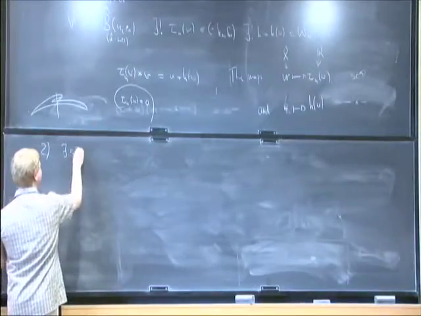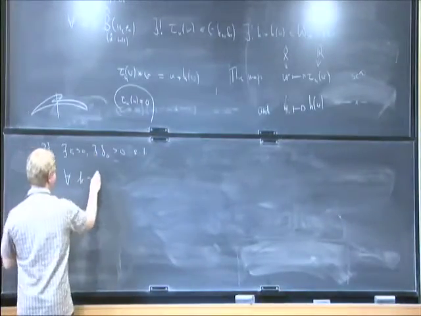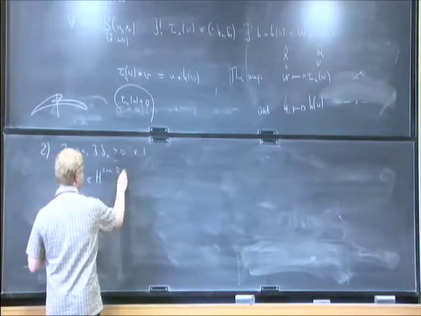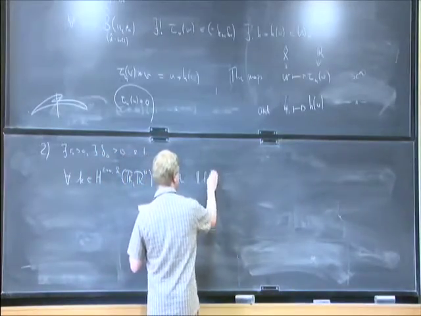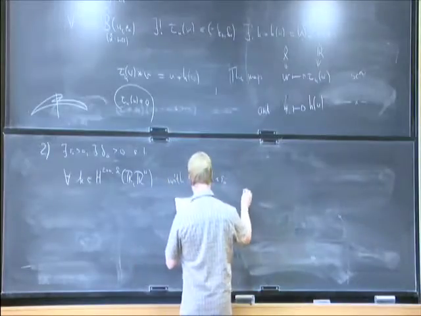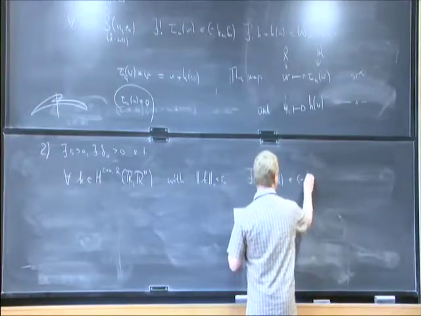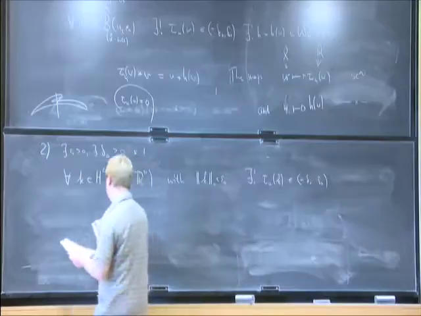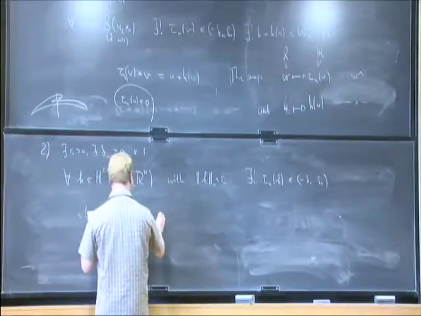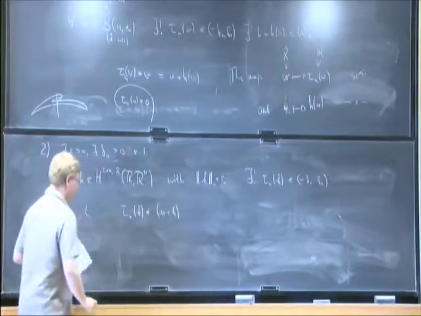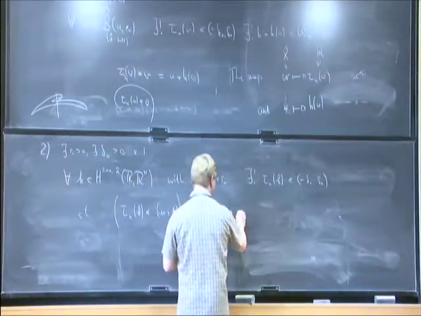So there exist epsilon and delta, such that for all k in H^(2+m) with delta m sufficiently small, there exists a unique tau u of k in (minus delta, delta) such that tau u of k star u plus k at 0 is in u of 0 plus sigma u.